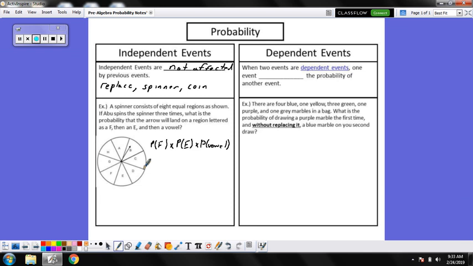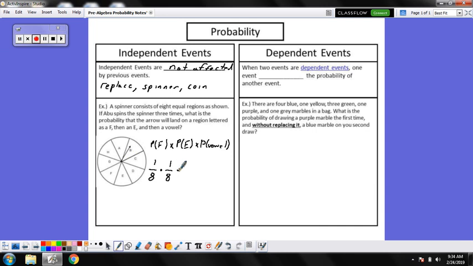So the probability of an F: if we look at the spinner, there is one F on the spinner. So it's 1 out of, and then there's 1, 2, 3, 4, 5, 6, 7, 8 sections. So 1 out of 8. That's told to us in the problem as well, where it says there's 8 equal sections. So we have 1/8 times the probability of E. Well, there's 1 E out of 8 sections, so 1 out of 8 again.